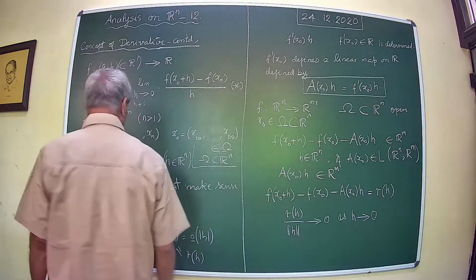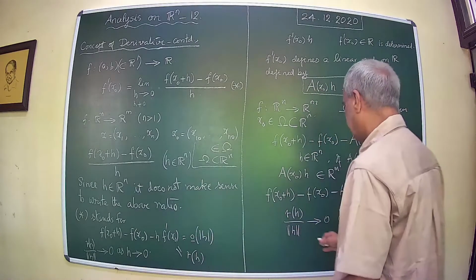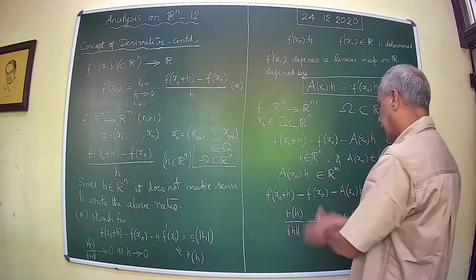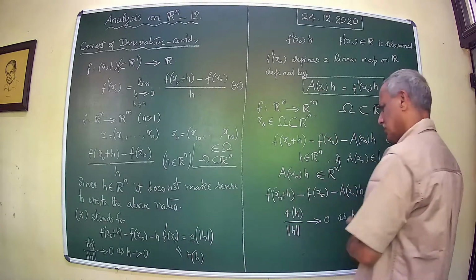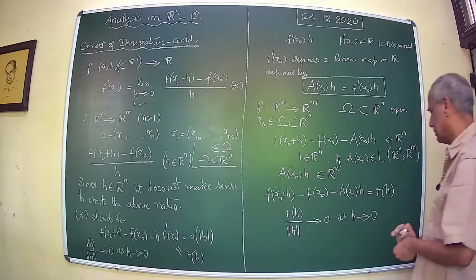Now this is the requirement that you ask for, which amounts to saying that norm of r of h divided by norm of h goes to 0. They are equivalent. Okay. Right?